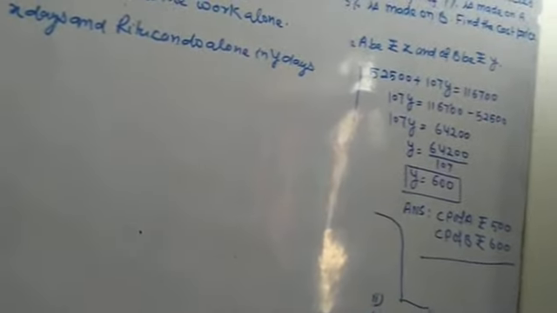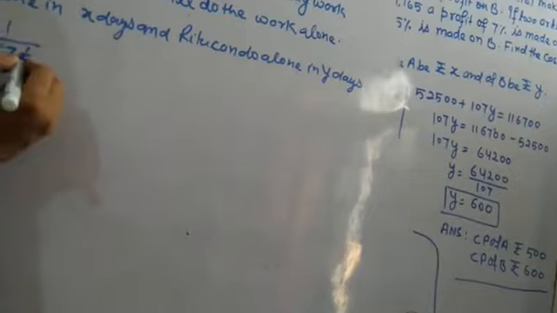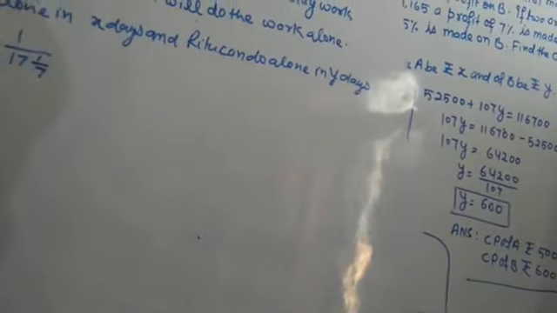According to the question, 1/x plus 1/y equal to 1/17 whole 1/7, so 1/x plus 1/y equal to 7/120.